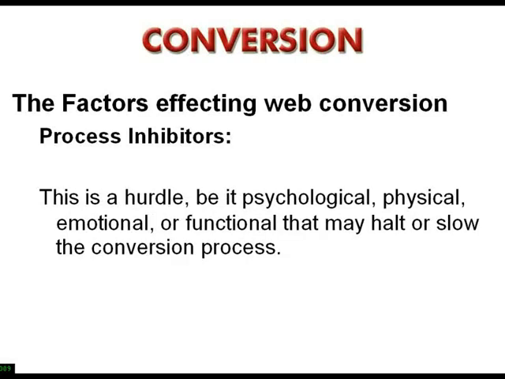This is a hurdle, and it could be psychological, it could be physical, it could be emotional or functional that may halt or slow the conversion process. And so to look at this properly, we've got psychological, physical, emotional, and functional.